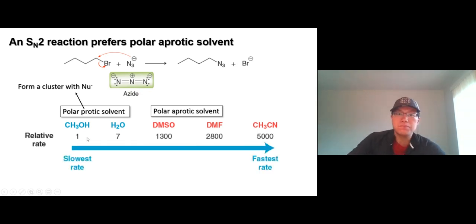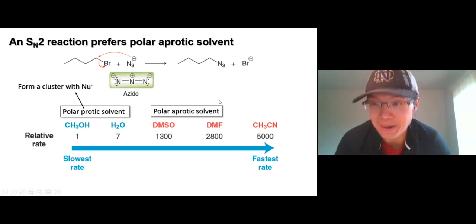The rate is slow for polar protic solvents, which reduce the nucleophilicity of the nucleophile. Polar aprotic solvents leave the nucleophile alone, and the rate is much faster. The difference in rate between polar aprotic solvents depends on which one stabilizes the nucleophile less, basically.